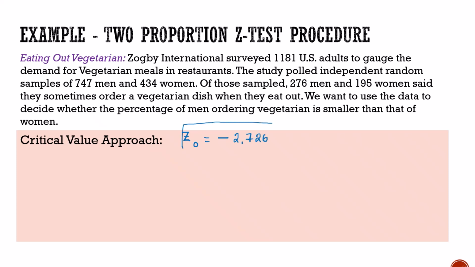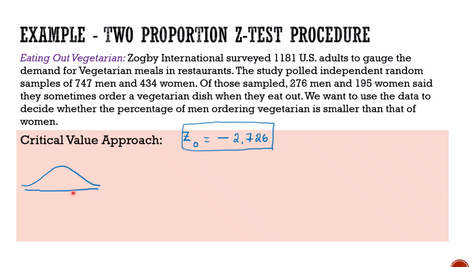Now we start the critical value approach by first drawing a standard normal curve. So I'm going to draw that here. I'm going to sketch it. So here's our curve, the standard normal curve, and we have to show reject and do not reject regions.